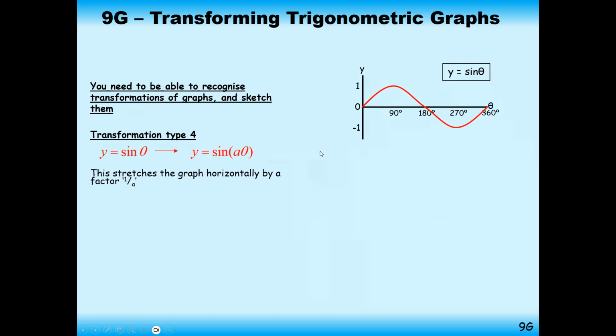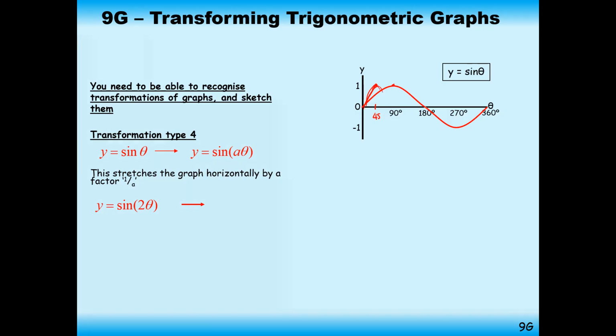Okay, so a stretch factor. We have a 2 theta here inside of the function, inside of the bracket, so it will make the graph steeper. Well, what does it mean, steeper? Where it reached its maximum of 1 at 90 degrees, now it will reach its maximum at 45 degrees. It would be twice as steep, all right?